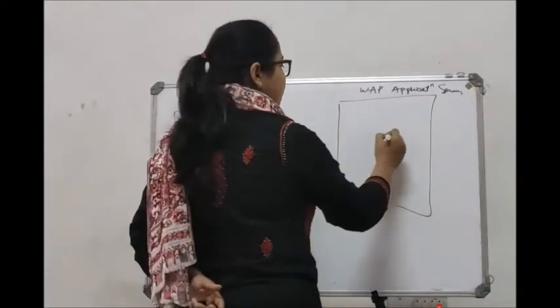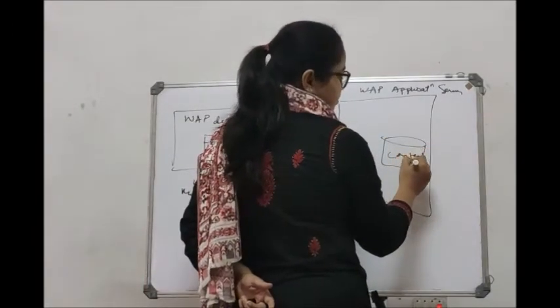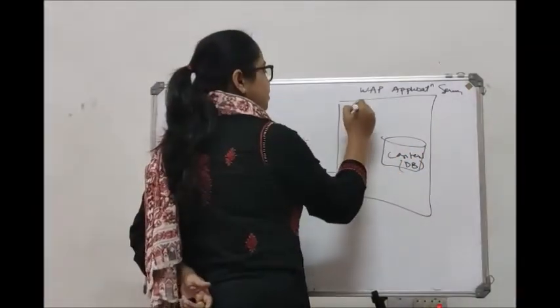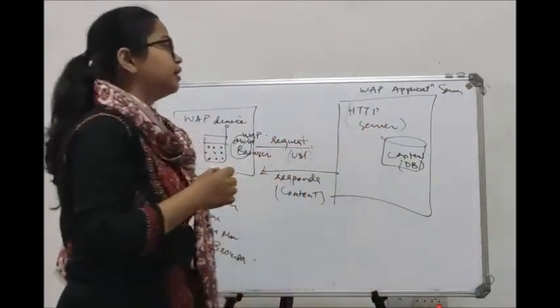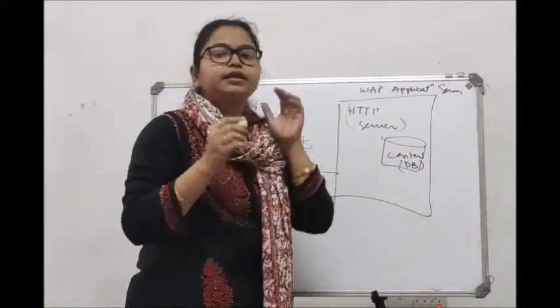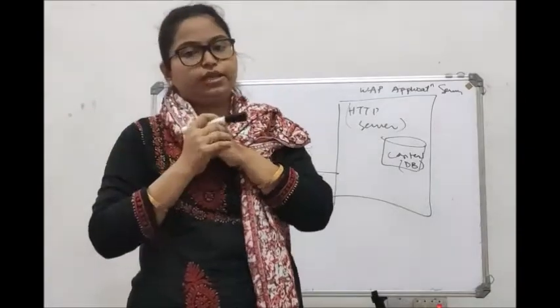Content is nothing but databases through which data is retrieved, and we have an HTTP server, of course. When we talk about the internet, it's always about the hypertext transfer protocol. Internet means which application layer protocol? HTTP protocol. That is the internet.